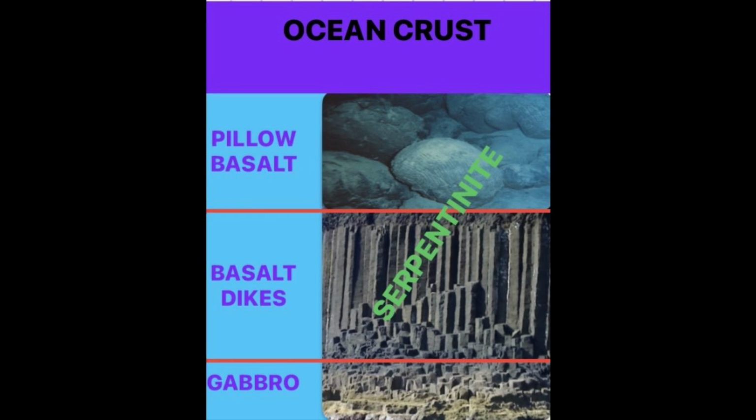The water penetrates down to the upper mantle where it facilitates the transformation of peridotite and dunite into serpentinite. This serpentinite rises up and gets mixed up with all this volcanic stuff, and because it's slick and soft, it probably acts as a lubricant for the formation of the sheeted dike complex in the ocean crust.